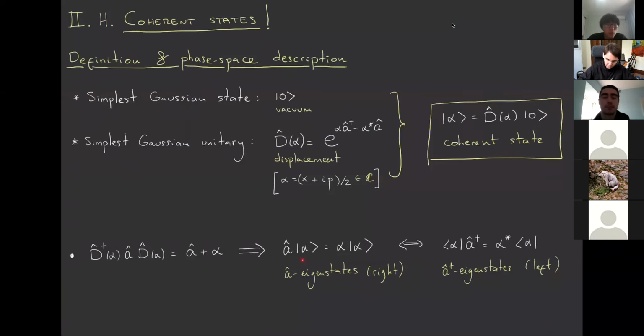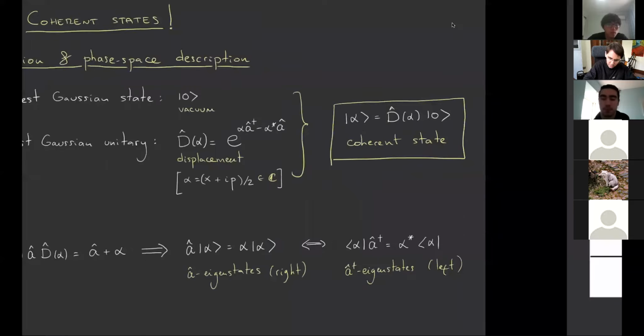So the first property is that they are eigenstates of the annihilation operator, and on the right, and then left eigenstates of the creation operator. And they are parameterized by a single complex parameter that is related somehow to real parameters x and p, which play the role of phase space variables in the displacement operator that we studied before.